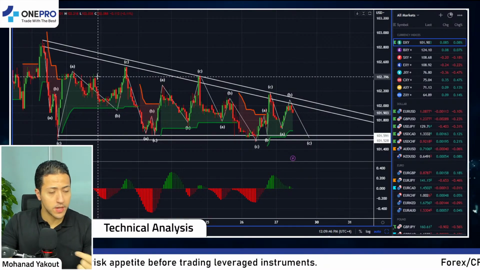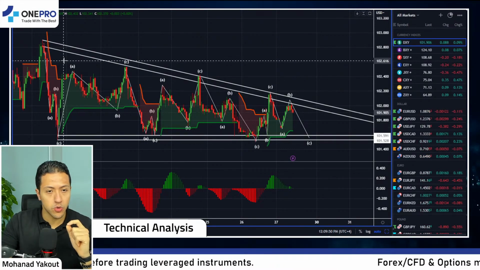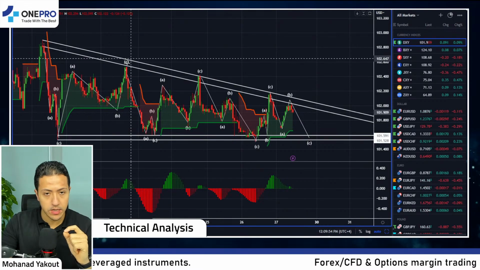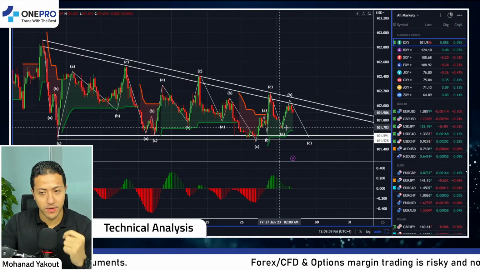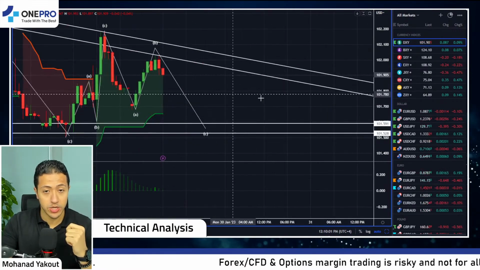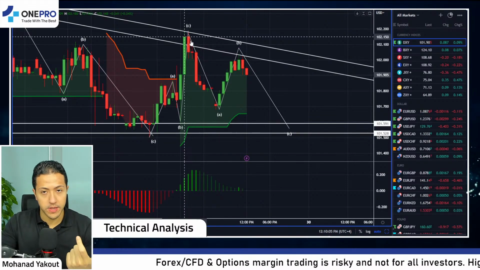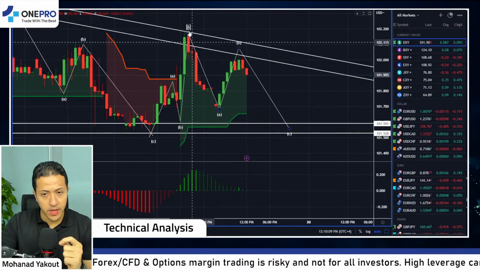In a simple wave analysis here, we can see it's all a three wave pattern. So it's an ABC to the downside, ABC up, ABC down, ABC up, ABC down, and another up, another down that we are expecting today. Yesterday we had this move to the downside from the levels of the upper threshold of the descending triangle.